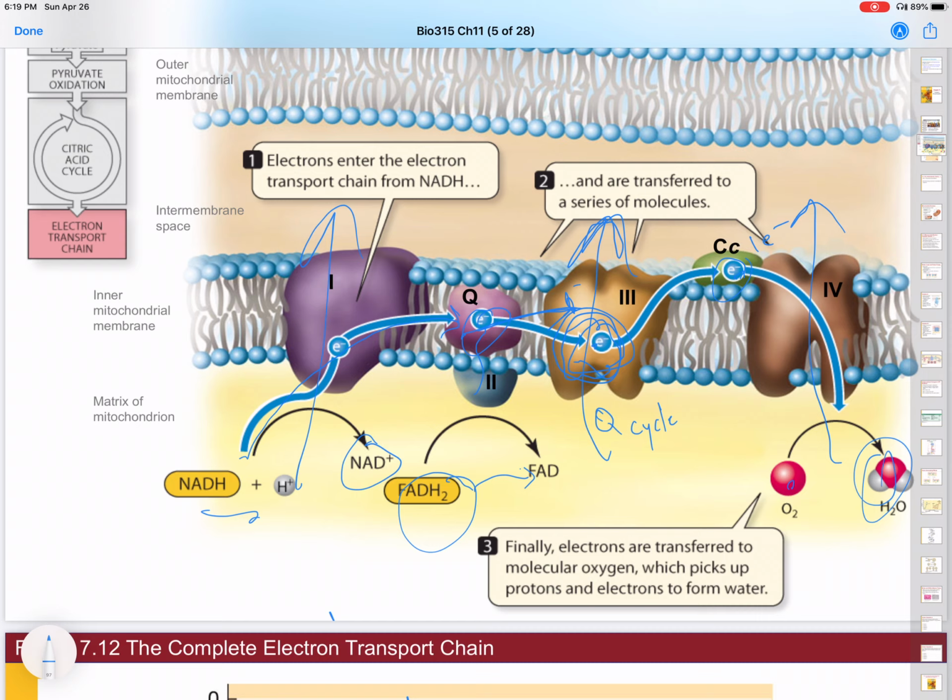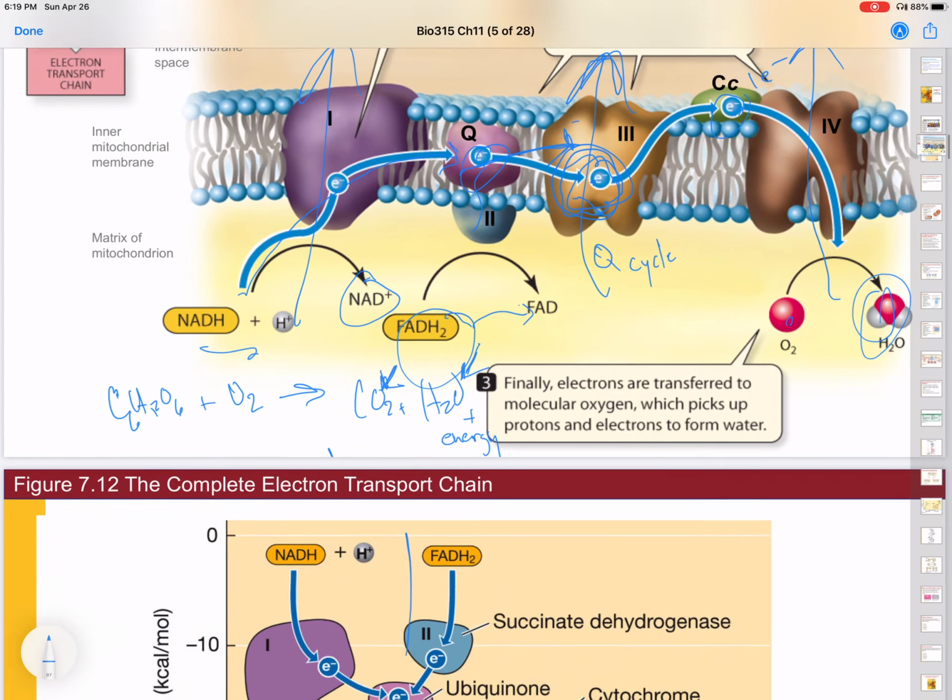And so remember the waste products of this whole process of cellular respiration: C6H12O6 plus O2 goes to form CO2 plus water plus energy, right? So the CO2 is formed in pyruvate oxidation and in the citric acid cycle, and the water is formed in the electron transport chain and oxidative phosphorylation.